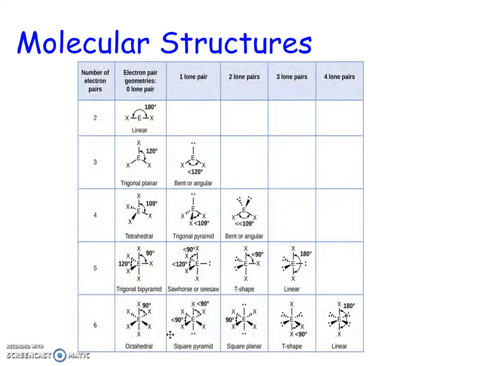Octahedral, if there is one lone pair, it's called a square pyramid. 2 lone pairs is called square planar. Those 2 lone pairs would be along the axis, so everything else is left in one plane. With 3 lone pairs, it's a T shape, and with 4 lone pairs, it's linear.